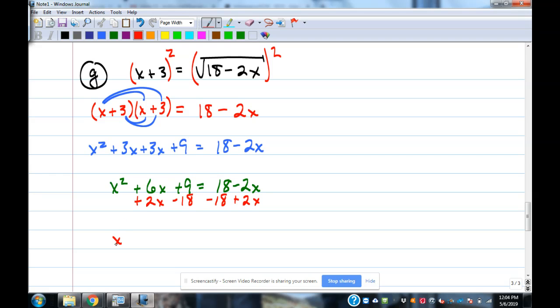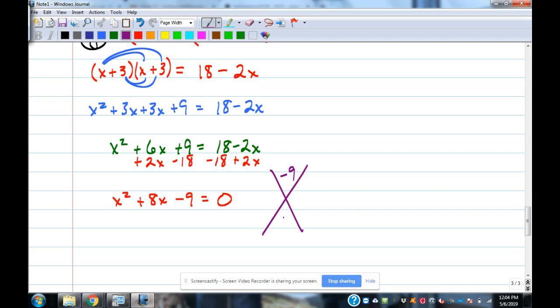So it's going to be x squared plus 8x minus 9 is equal to 0. Now I have a trinomial. It's equal to 0. It's in descending order. And I'm going to try to factor that. X method for that. Multiply to be negative 9. Add to be positive 8.